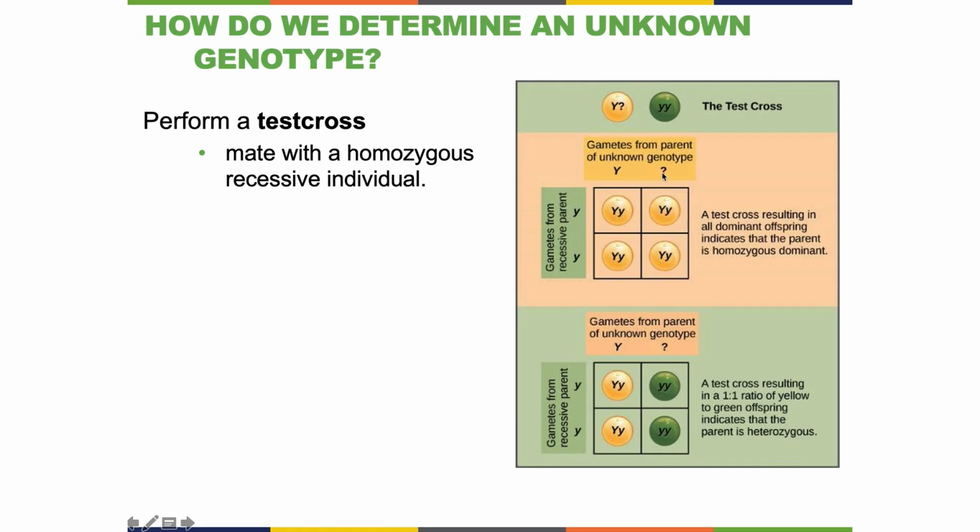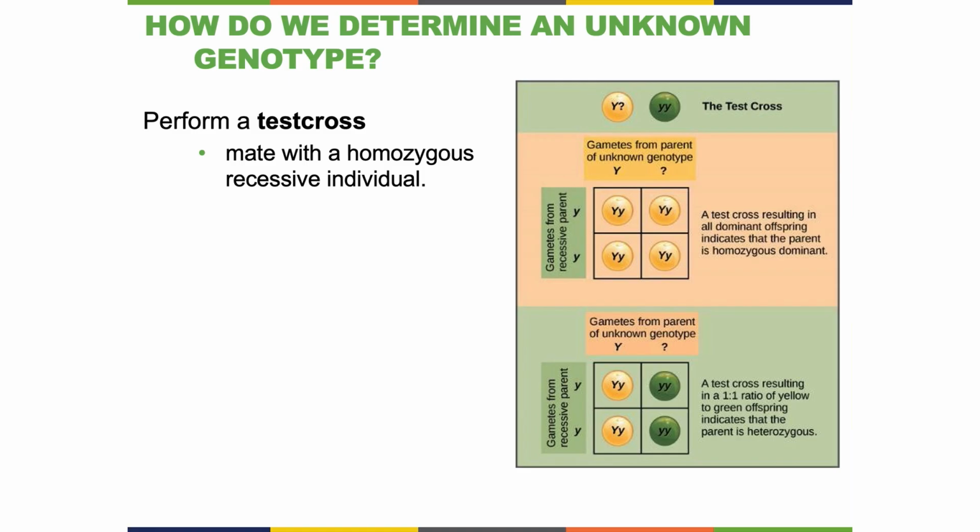So if all the offspring had the dominant phenotype, this would have to be a dominant allele. But if half of our offspring have the recessive phenotype, then that's an indication that this organism was heterozygous, because it had to have a recessive allele for these two organisms to both be homozygous recessive. So that's what we do with a test cross. So why would we want to do a test cross?